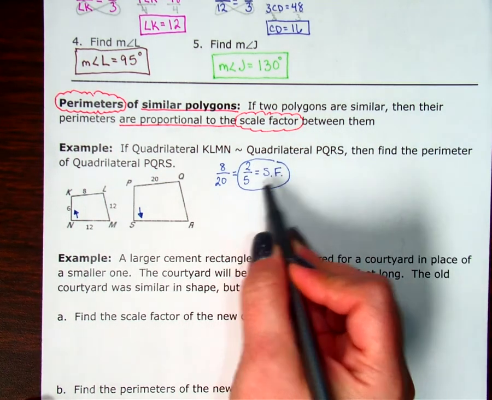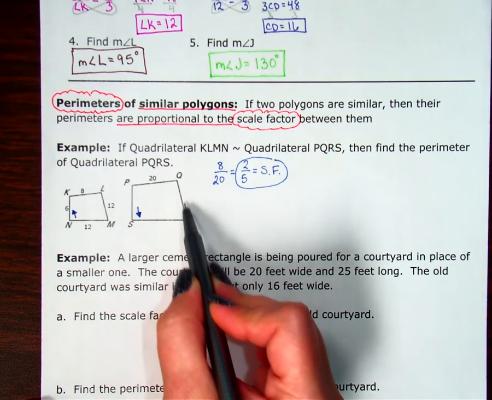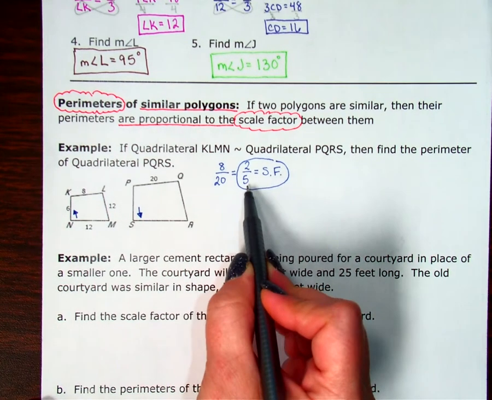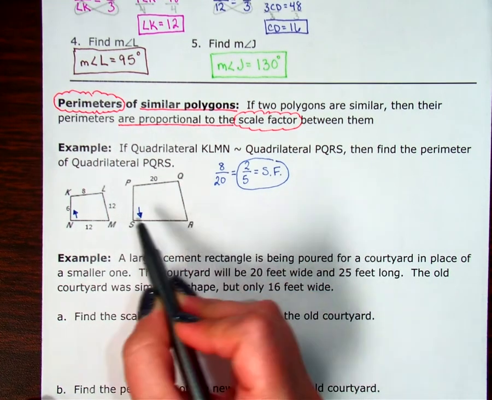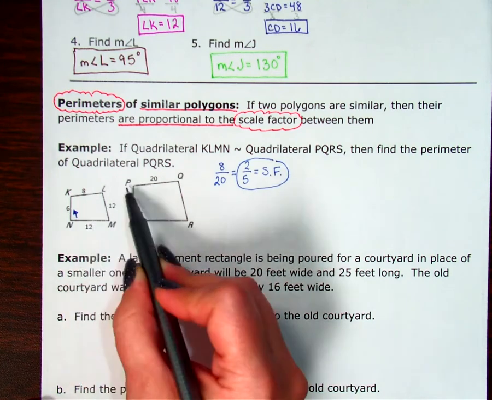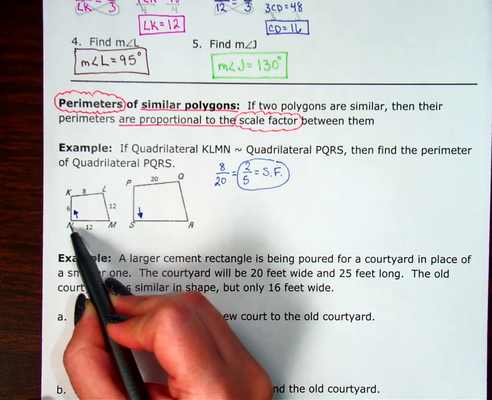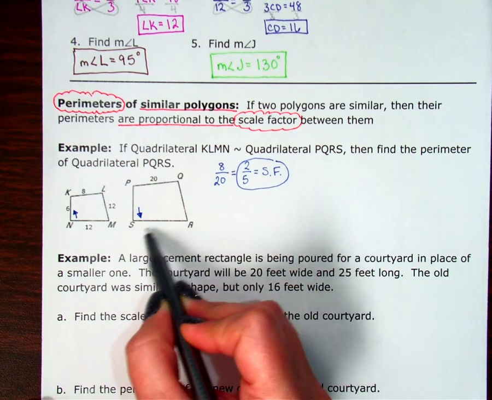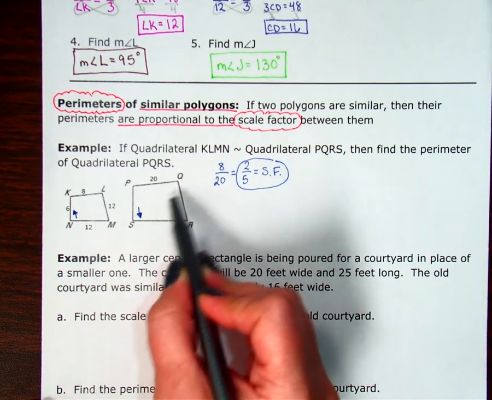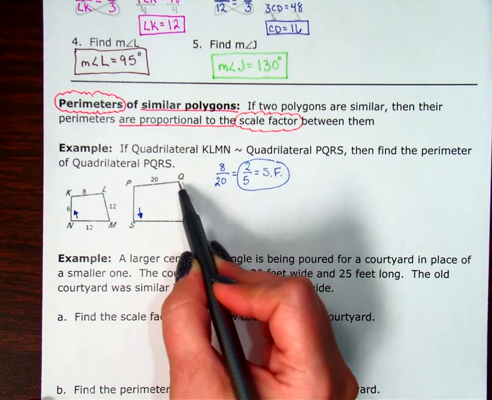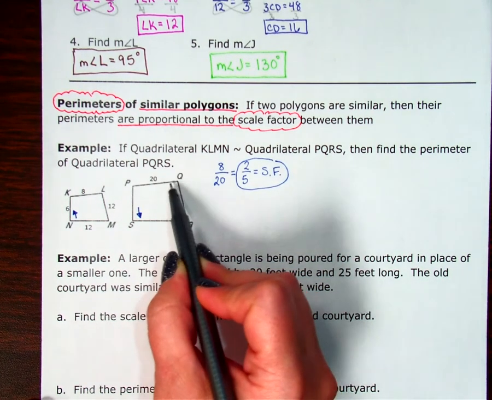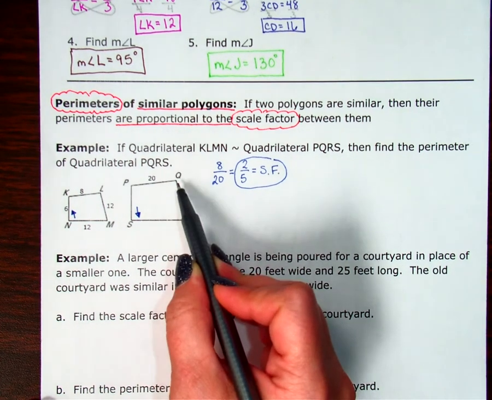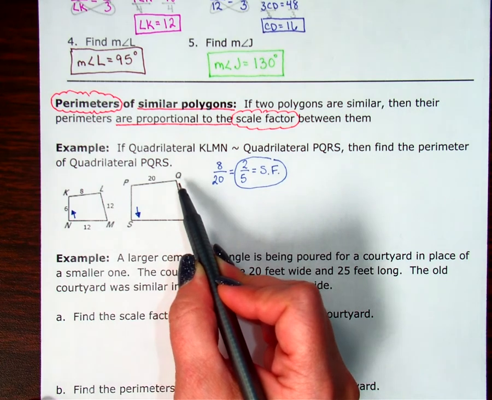So I could use this scale factor and do 6 to PS equals 2/5, and then 12 to SR equals 2/5 and find out how long this piece is, and then 12 to QR equals 2/5 and find out how long this piece is. Add all 4 pieces together and that would give me my perimeter.